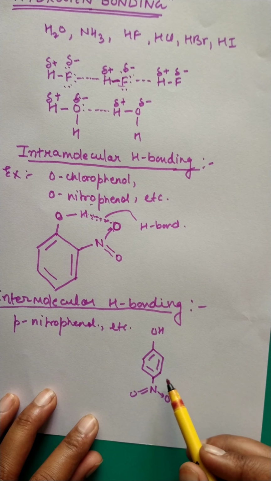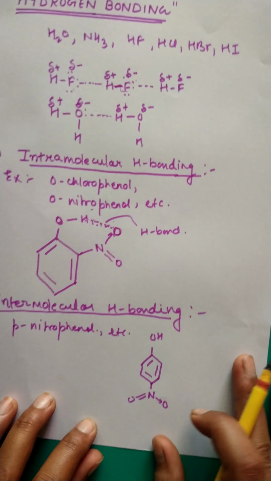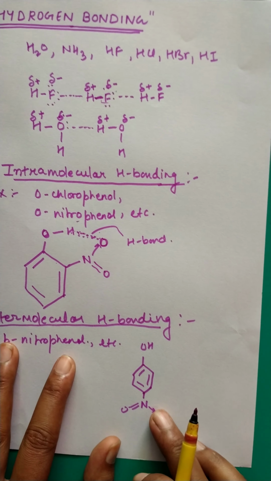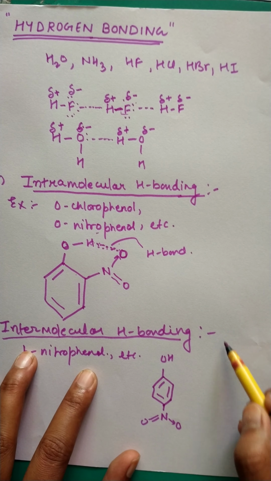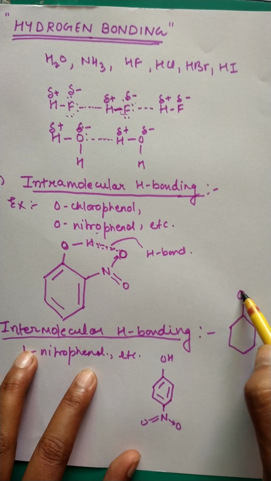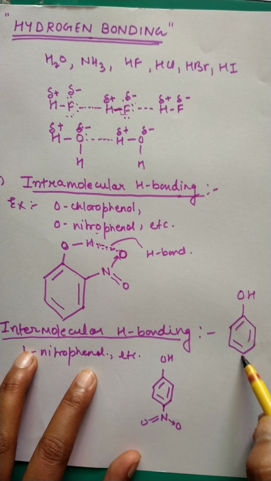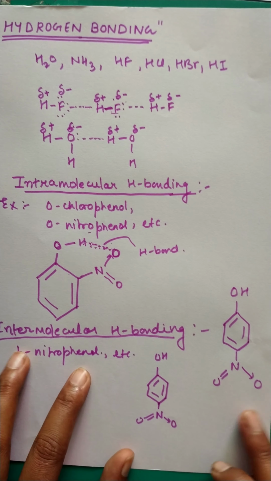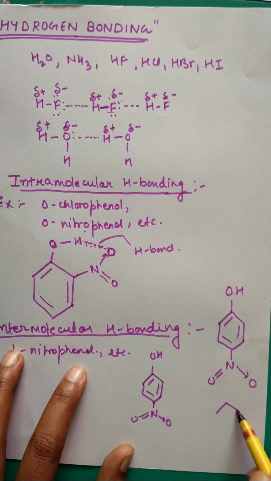If two molecules of para-nitrophenol are there, this is the structure of para-nitrophenol. I am just representing the hydrogen bonding on this side. This is the molecule of para-nitrophenol. One more molecule is there.